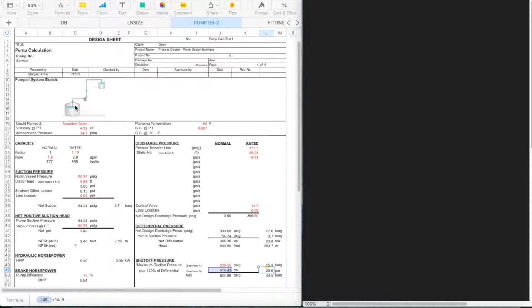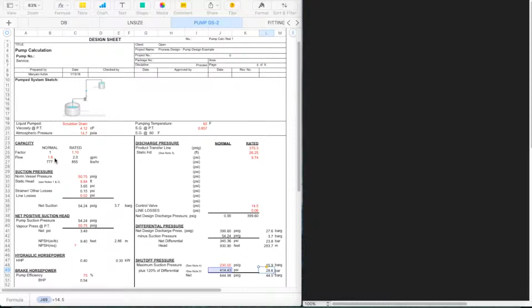We try to break down the problem to see what the design inputs and assumptions are. In this problem, you are given the viscosity, specific gravity or density of the fluid, and also the flow rate of liquid. But this flow rate is the normal flow rate.